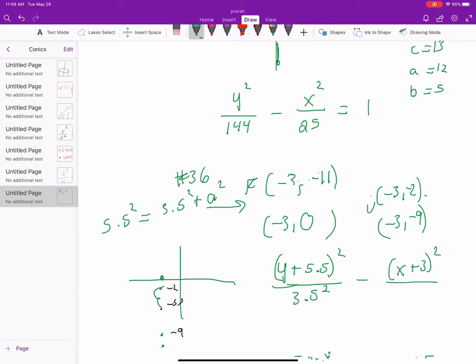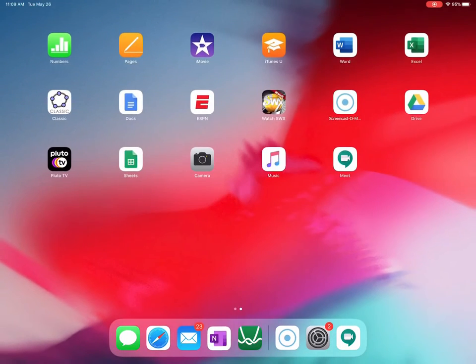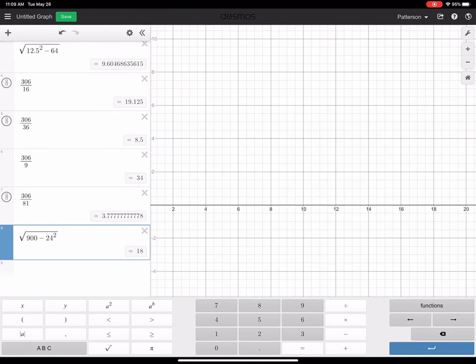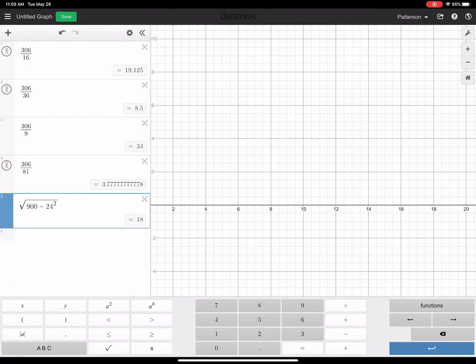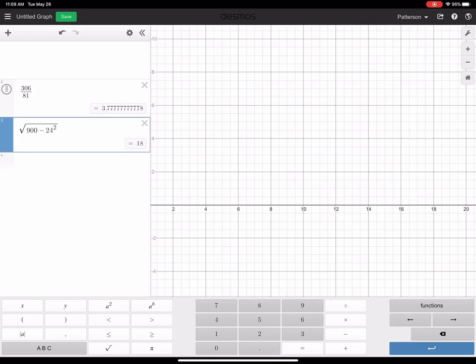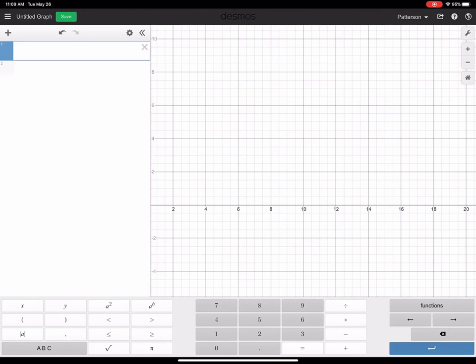And I'm just going to make it a. Again, it doesn't make much difference. So now I have 5.5 squared minus 3.5 squared. I got to figure out what that is, so I'm going to go into Desmos and clear out a bunch of junk. Here we go. 5.5 squared minus 3.5 squared, and I get 18.